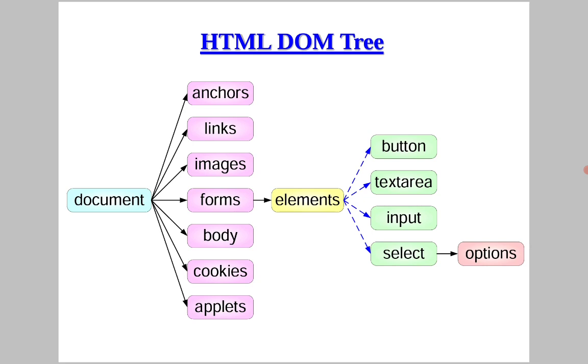And again these HTML tags have some options or properties in them. So this is the structure of the HTML document, treated as an HTML DOM or document object model.